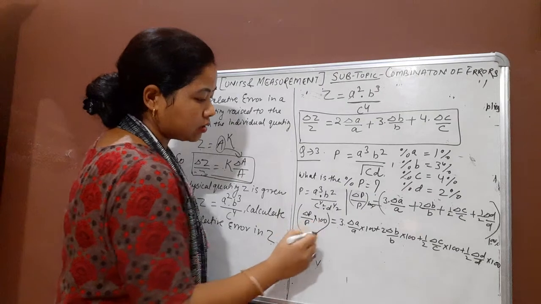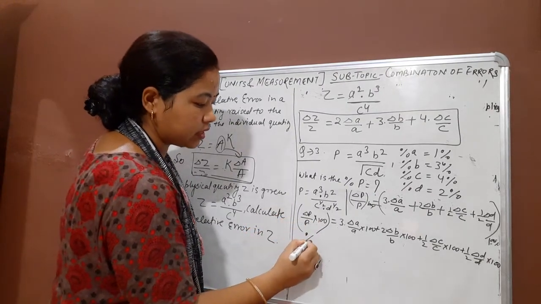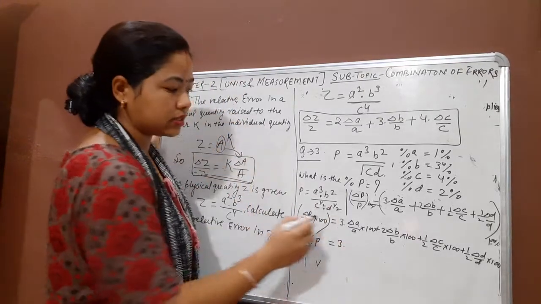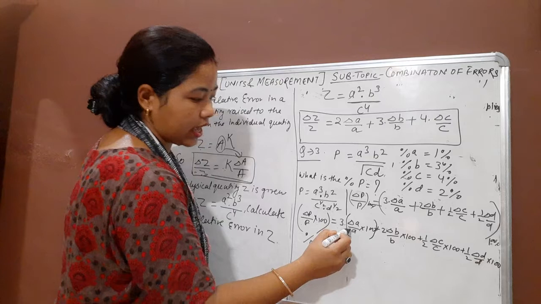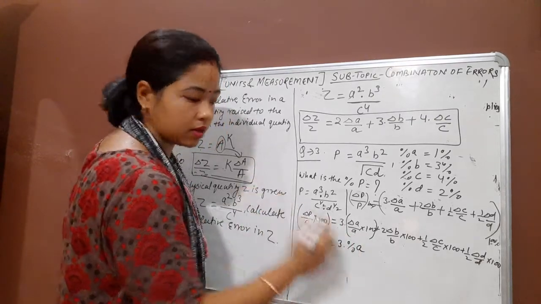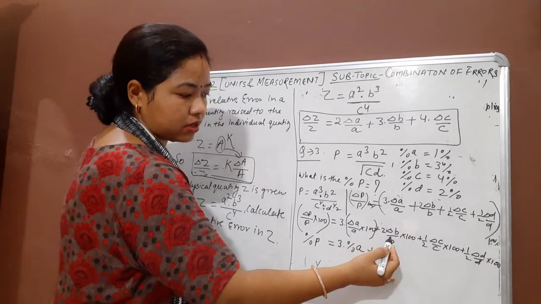Now this is the relative error in p multiplied by 100, which gives us the percentage error in p, equals 3, which remains as it is. Delta a upon a multiplied by 100 gives the percentage error in a, plus 2, which remains as it is because it is a numerical multiplication.